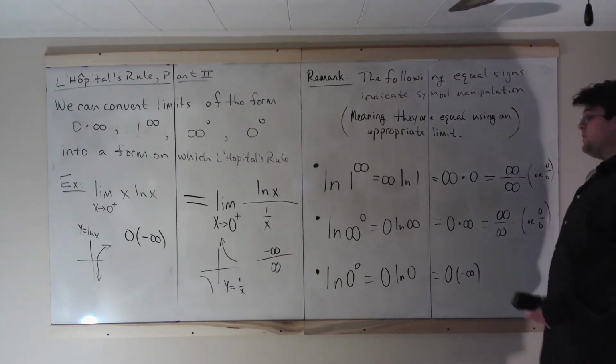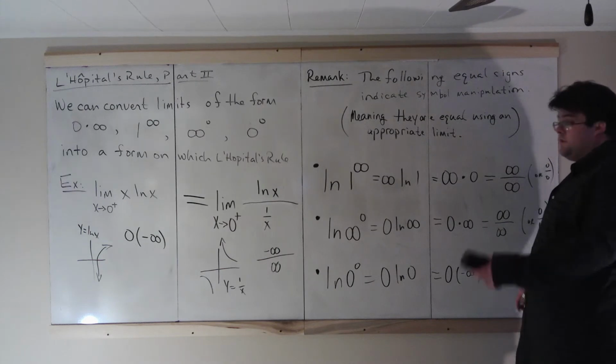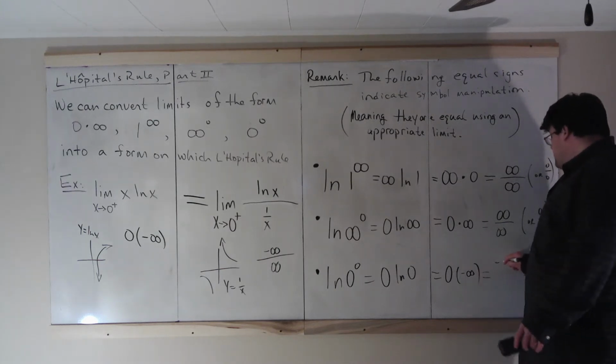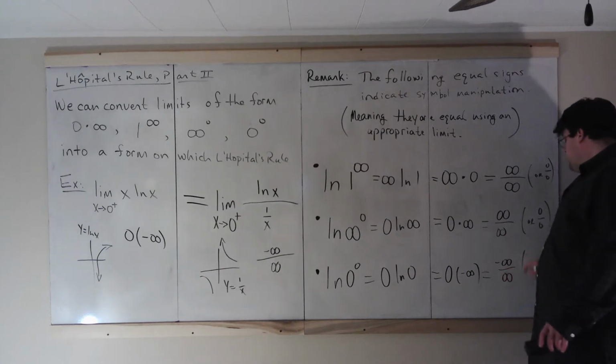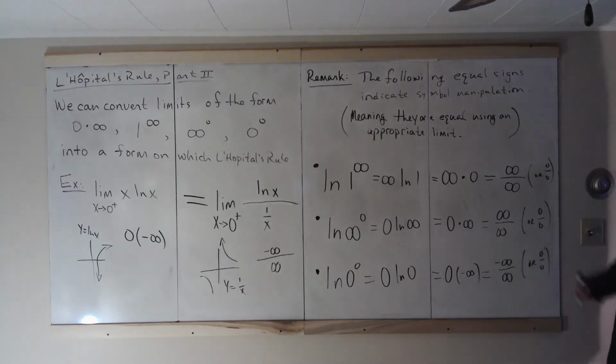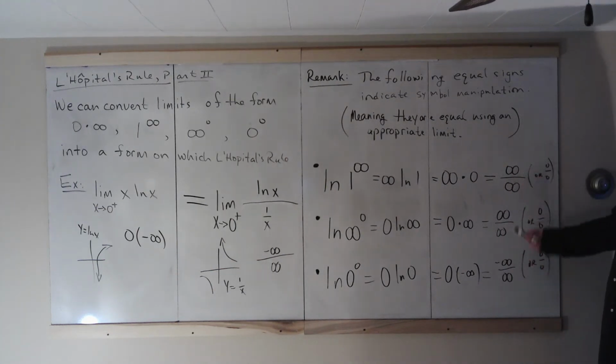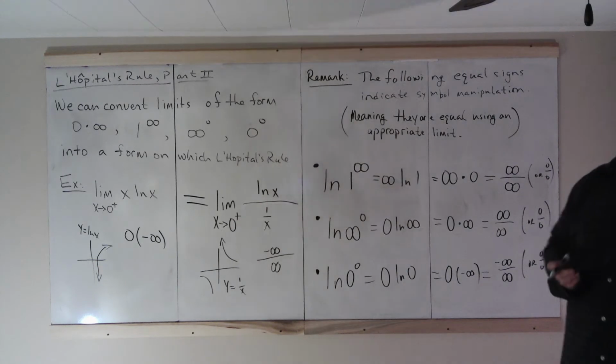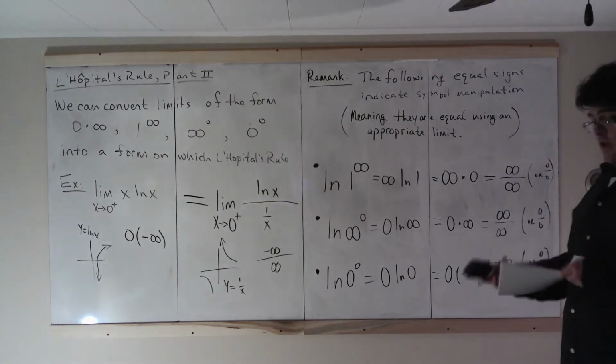And we saw in that first example how a 0 times a negative infinity becomes, or can become, an infinity over infinity, or 0 over 0. And in all of these last parts, L'Hopital's rule does apply to limits which take those forms.